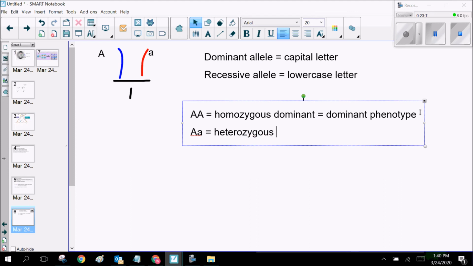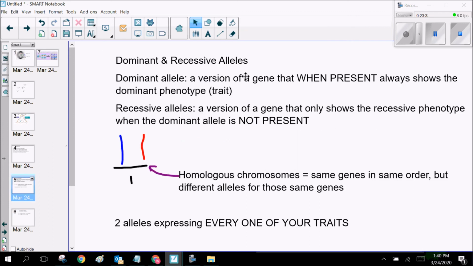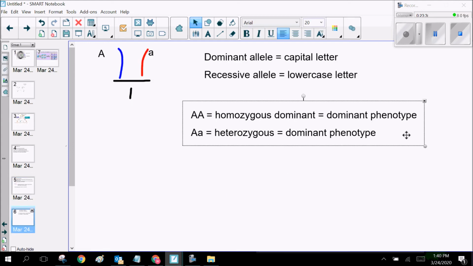Hetero means different, so you have 2 different alleles, the dominant and the recessive, but you're still going to show the dominant phenotype, because the dominant allele is always shown when present. It doesn't matter if you have 1 copy or 2. So big A, little a, heterozygous is still going to show the dominant phenotype.